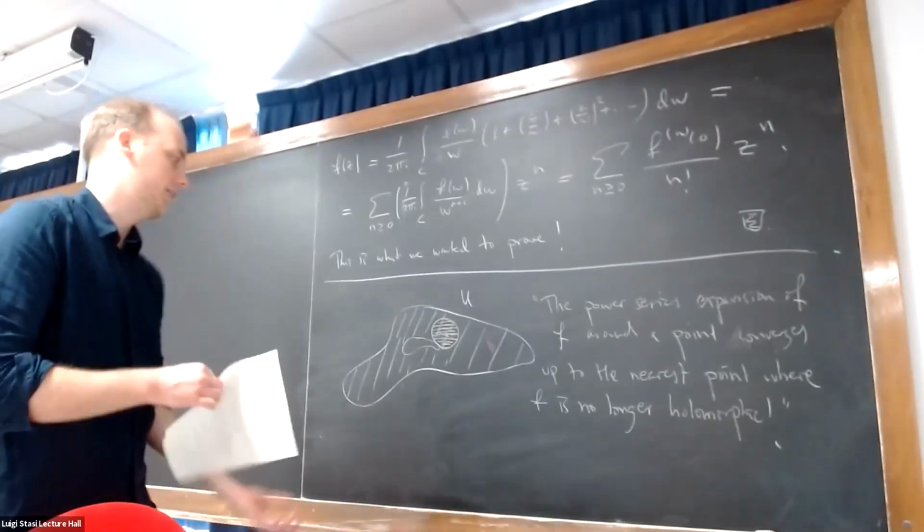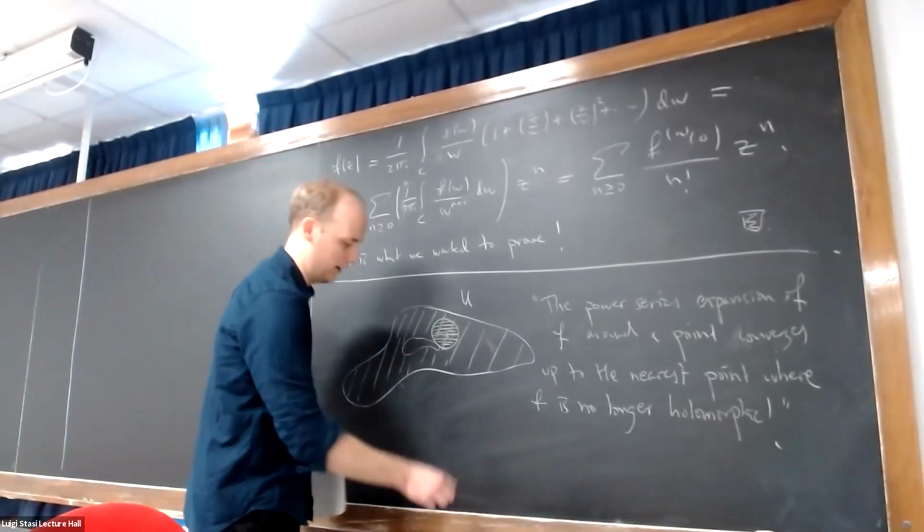Professor, but this is just for convenience, right? What I'm saying is it could still be holomorphic outside of the disk, right? Absolutely. So in this case, it is. So this is this thing called.